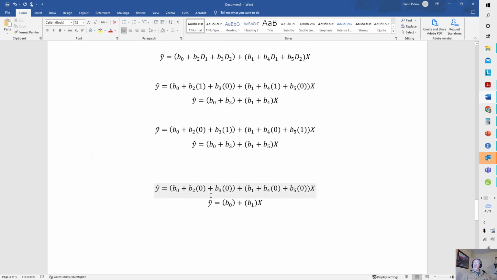And then for the liberal arts majors, basically this cancels out, this cancels out, this cancels out, this cancels out. So I'm left with a reduced form such that y hat equals B0 plus B1x, simply the intercept and slope for the liberal arts majors.